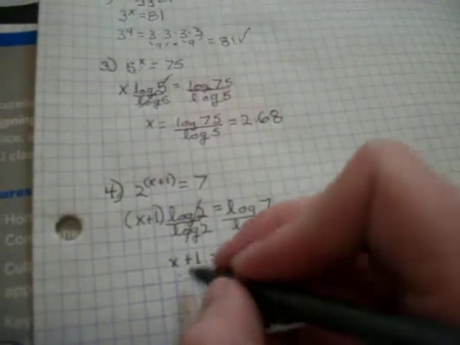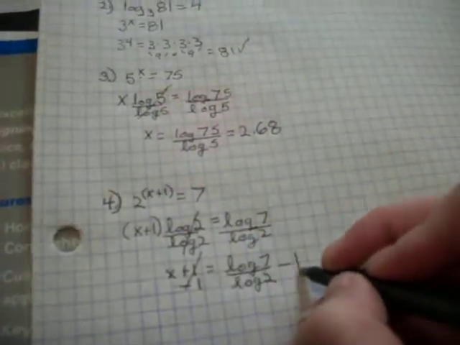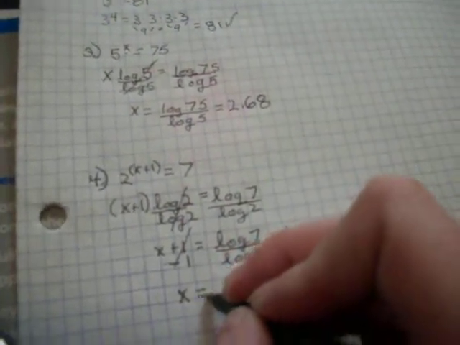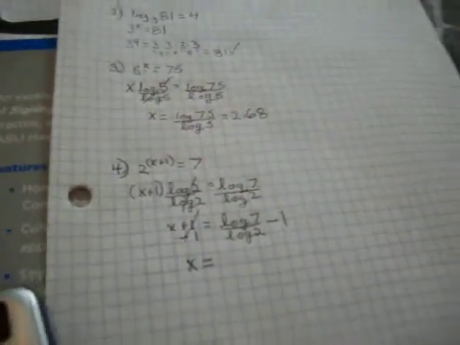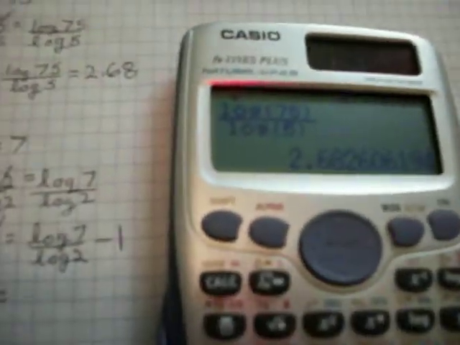So we subtract 1 on each side. Now you can get ready to use your calculator. Go ahead and write your x equals. Type it in just as it shows. You can do it 2 different ways.